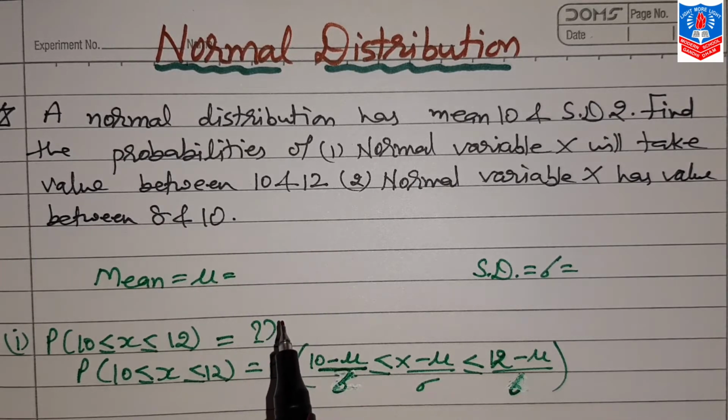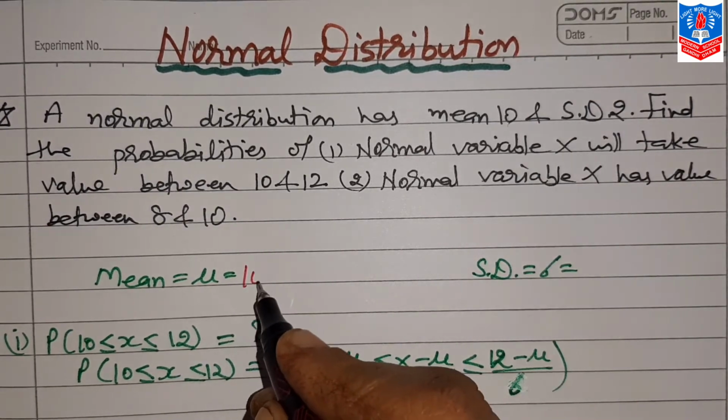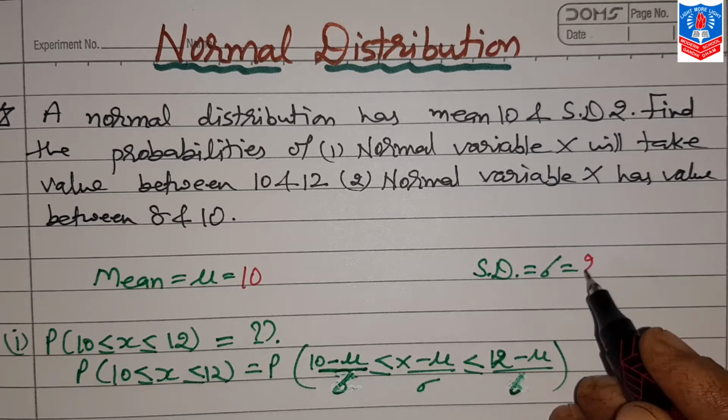Now, as usual, I always tell you that whichever values are given in the question, write them first. Here the mean mu is 10 while the standard deviation sigma is 2.